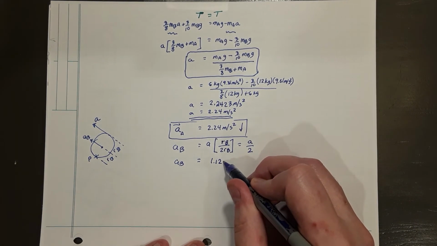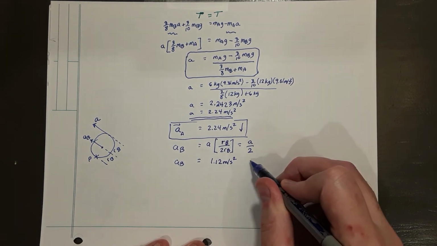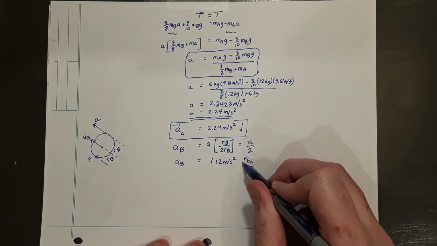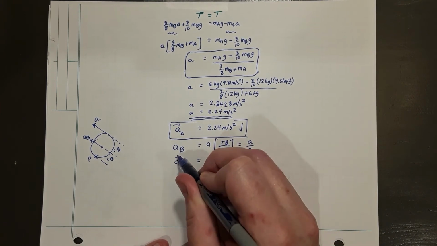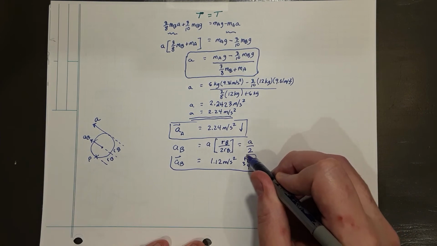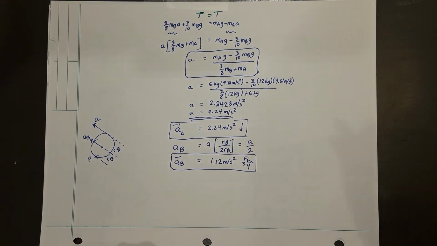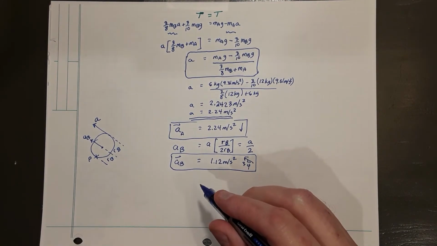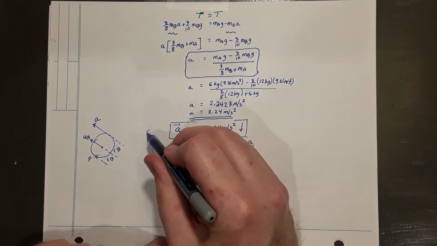We end up with 1.12 meters per second squared, and that'll be up the incline of 3 on 4. So that answers part A.